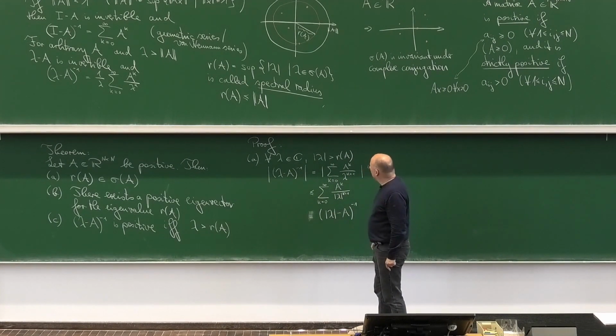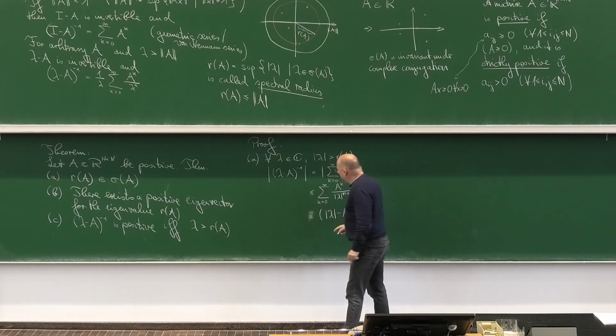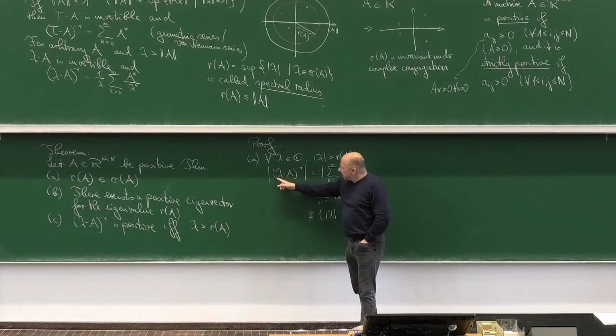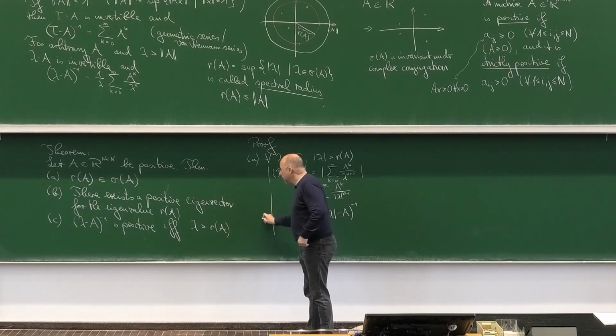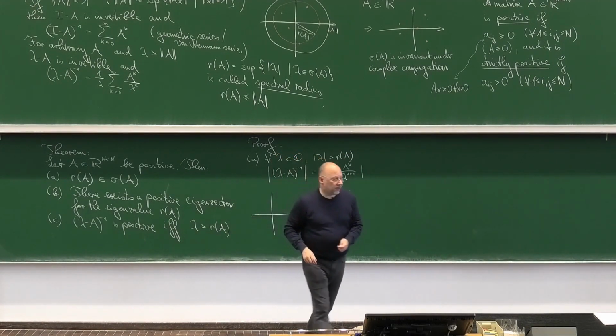So when we are outside the spectral radius or this circle, then I can estimate the resolvent somewhere outside the circle.